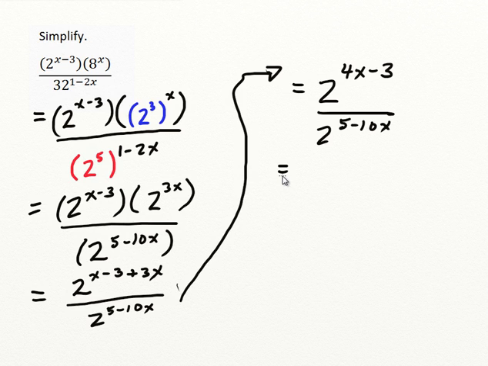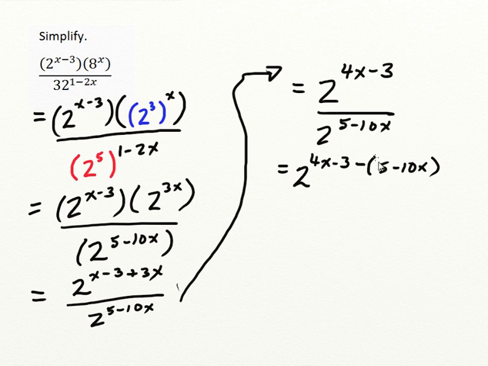We know that when we have like bases and we're dividing, we can just subtract the exponents. So we'll be very careful when we do the subtraction that we use brackets to make sure that all the signs are switched correctly if they require it. So this is going to be 2 to the exponent, well, we have 4x minus 3, the exponent of the numerator, minus, and here's the exponent of the denominator, 5 minus 10x. And you can see why brackets was important.